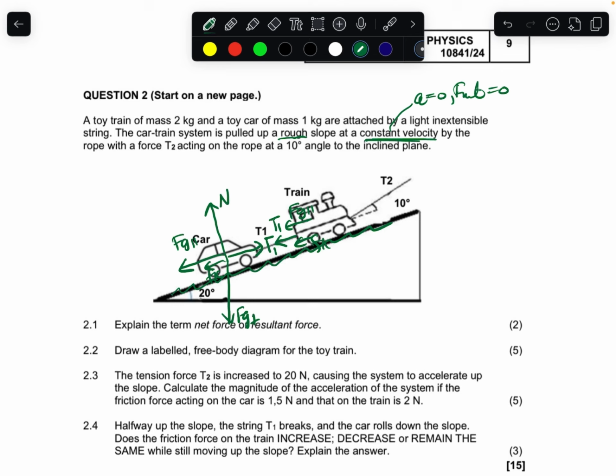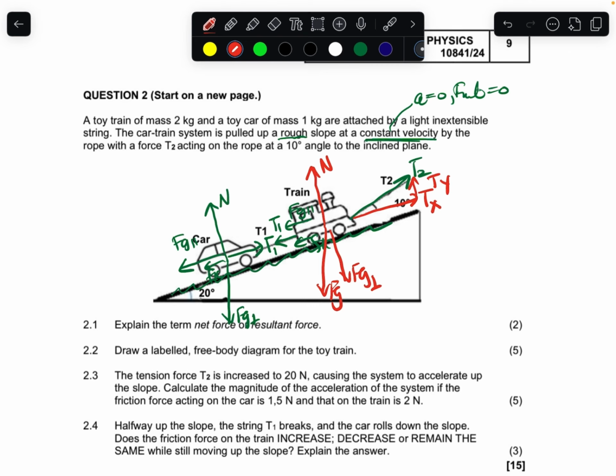So those are the forces that are acting there. And then we have a T2 there. And then we have the components of the T2. So we have Tx, which is the horizontal component, and the Ty there. And we have the normal force, we have Fg, we have Fg perpendicular. Very important to understand all the forces that are acting there.